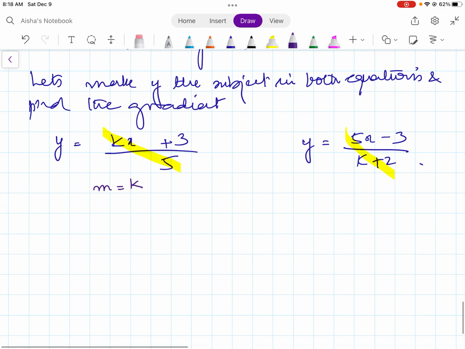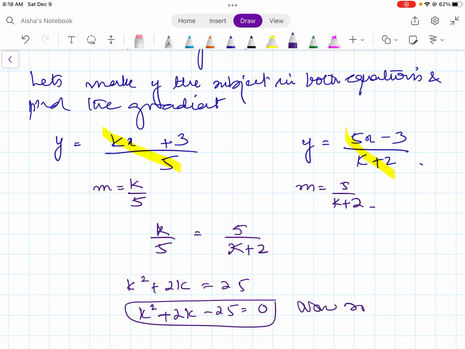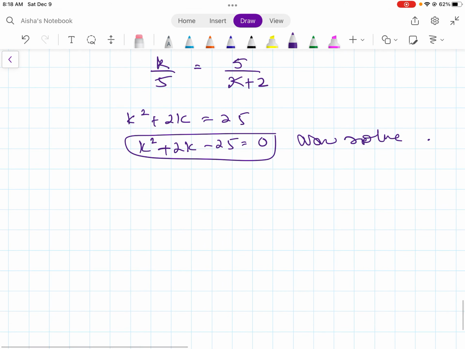So the gradient here is k upon 5. The gradient here is 5 upon k plus 2. Equate them and solve. Now solve. Take a using middle term breakup or whatever you want to.